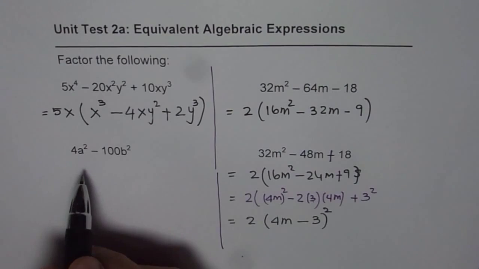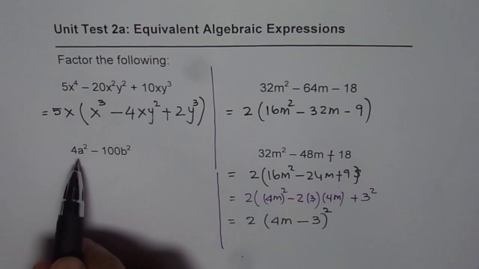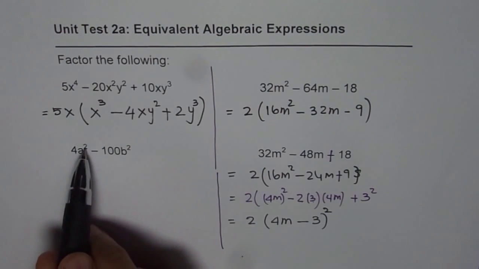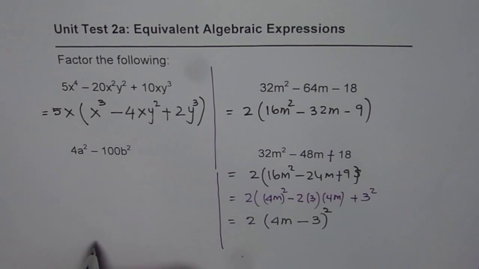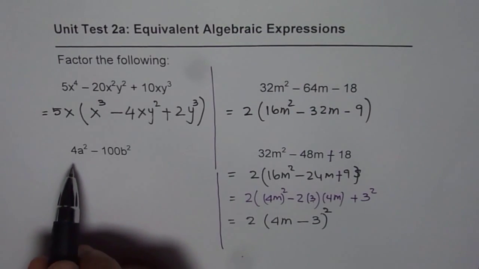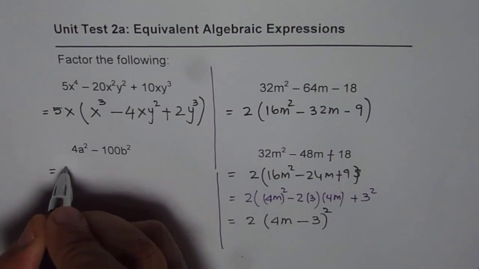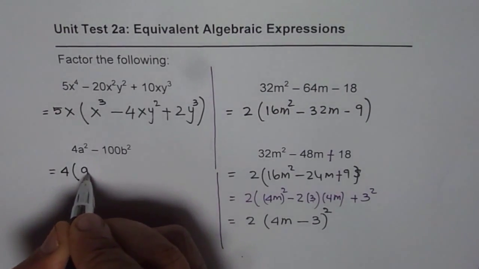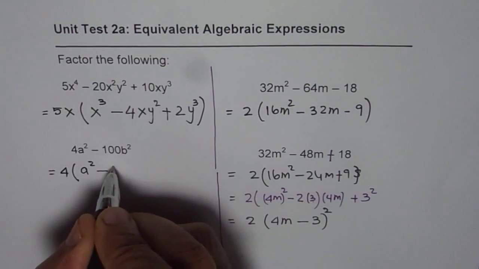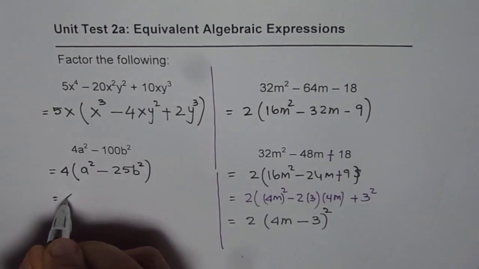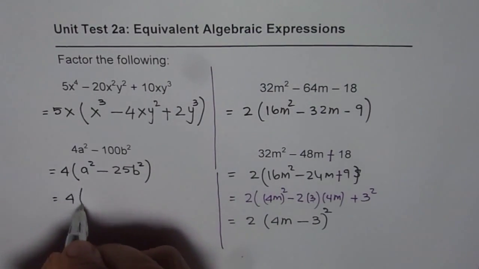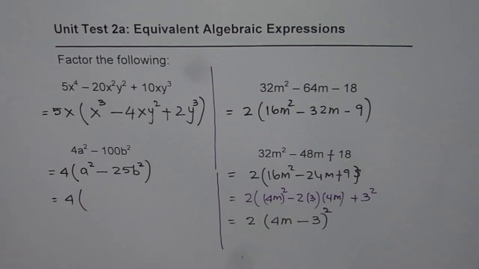Now let's see the one which I left here, which is difference of squares, right? You could write this as 2a whole square, this as 10b whole square, and factor it. That is one way of doing it. The other way is you can factor 4, correct? So if I factor 4, what am I left with? I'm left with a square minus 25b square, right? Now 25b square is like 5 square, correct?